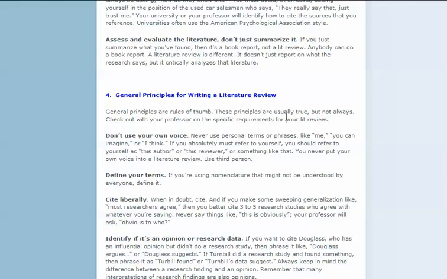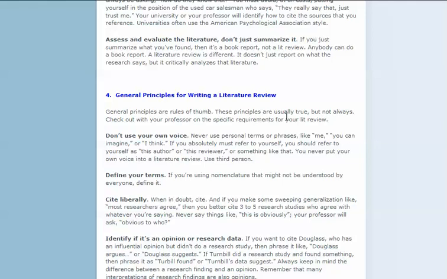But essentially what you're doing is you're going to the library and you're looking up research studies that have been done on your topic. And you're finding research articles that support your view as well as go against your view. And either way, you're critically analyzing what is taking place in that study.